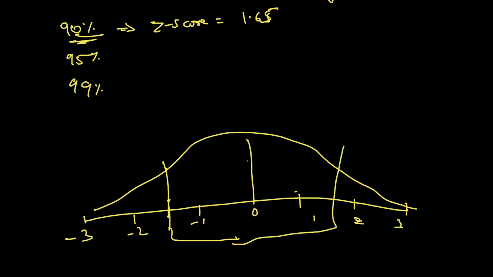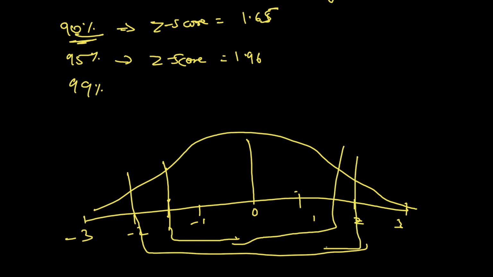Similarly, for 95 percentage of the time, z score will be 1.96, almost 2. Then for 99 percentage of the time, z score will be 2.58. So these are the z scores.